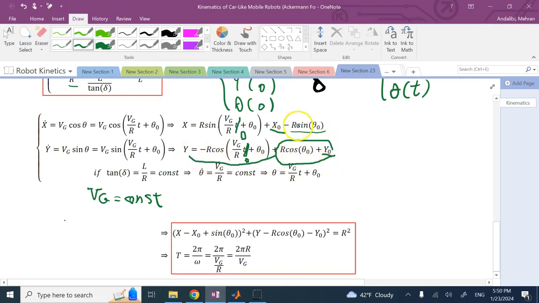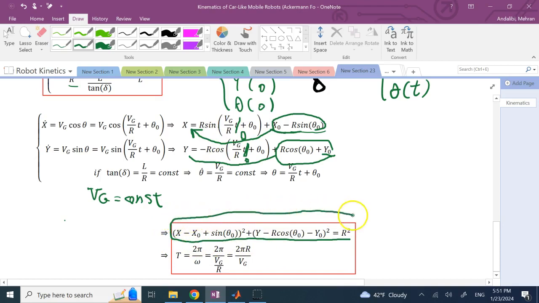Okay, so now these are more accurate, and from here, if you take these two constant terms and take them to the other side, the same thing with here, take these two terms and take them to the other side, then square both sides and add them together, you get r times sine of this guy squared plus r squared times sine squared plus negative r cosine, the whole thing squared, so it's going to be r squared cosine of this angle squared, so it's just going to be r squared. So you get what? You get this equation, which is clearly the equation of a circle.